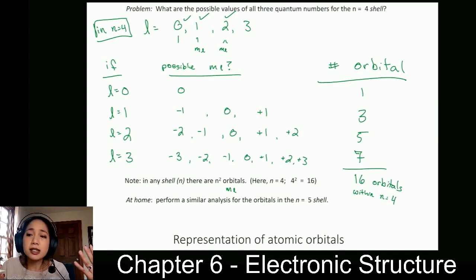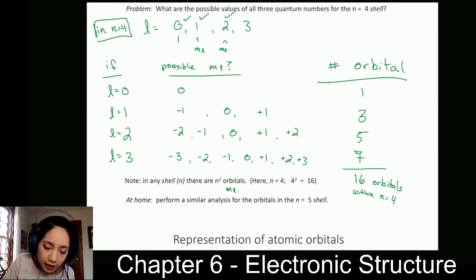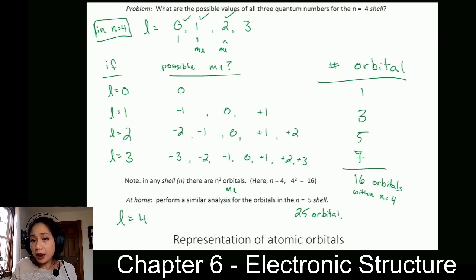If you did this same thing for n equals 5, which you can do on your own, you should predict that there are 25 orbitals total. We would have to do another line here for L equals 4, do the same ML analysis, and add up all of those total orbitals. All right? Okay.